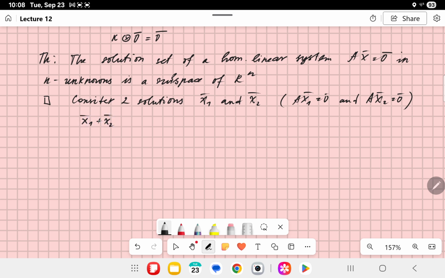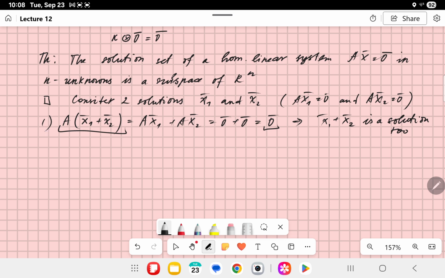Here, guys, it's just regular addition between vectors. For Rn, our operations are just vector addition and scalar multiplication like we usually understand them. So if I apply my matrix A to the sum, what am I going to get? Ax1 plus Ax2, which is going to produce 0 plus 0, which is 0. So x1 plus x2 is also a solution.